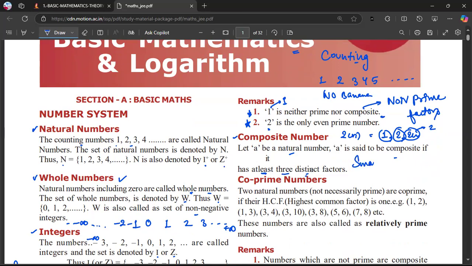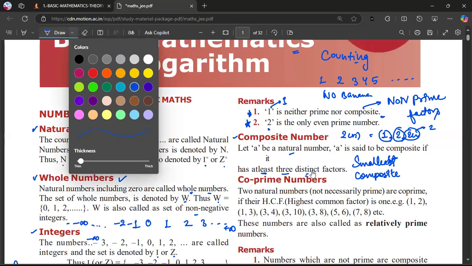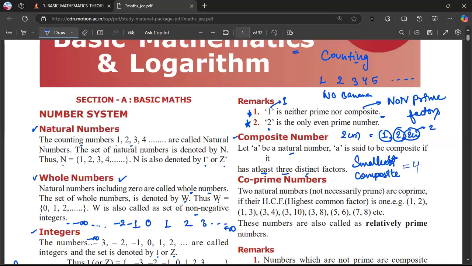Now tell me, what is the smallest composite number? Anyone? 4, sir. Good. 4 is the smallest composite number.